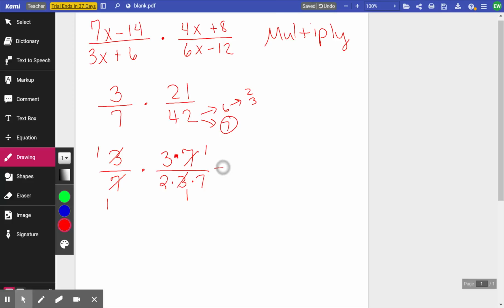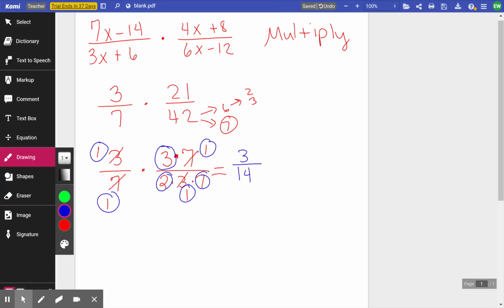So there's no more cancellation. Now I can just multiply straight across. 1 times 3 times 1 is 3. 1 times 2 times 1 times 7 is 14. And that's how I can multiply those fractions.